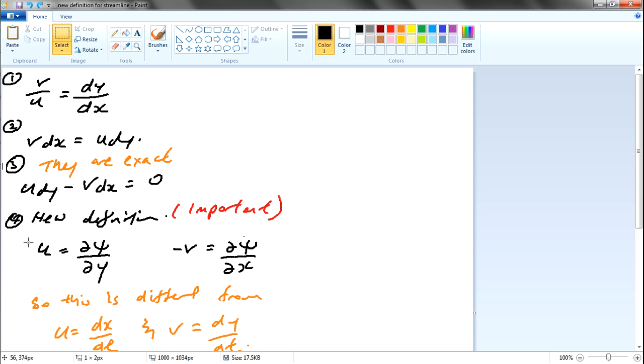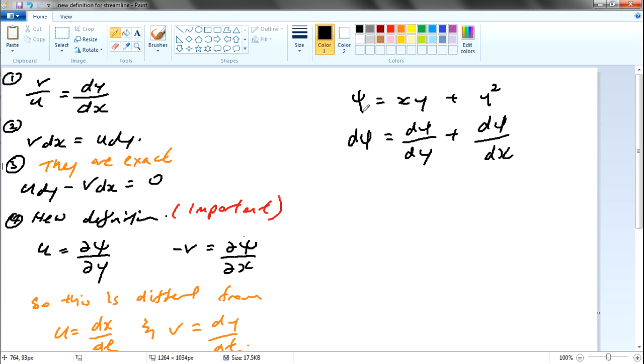So why is u equal to partial xi over partial y? Let's say we have an example where xi is equal to xy plus y squared. This is the equation we call xi. If you differentiate d xi, typically you have to differentiate the y and differentiate the x.